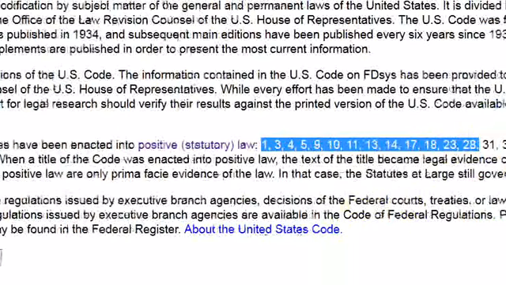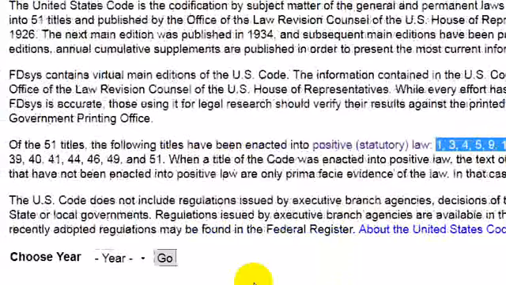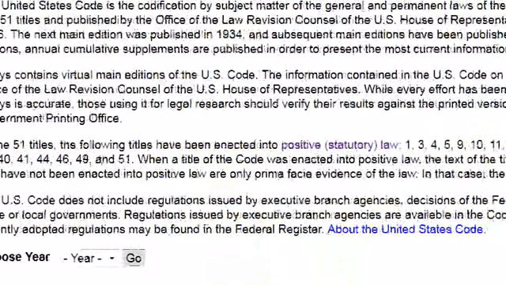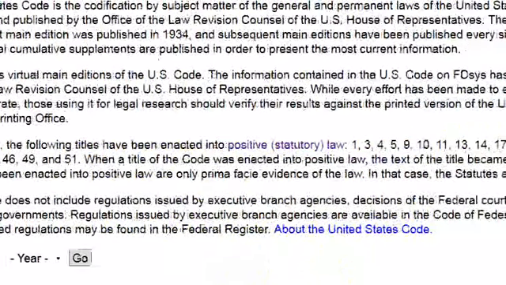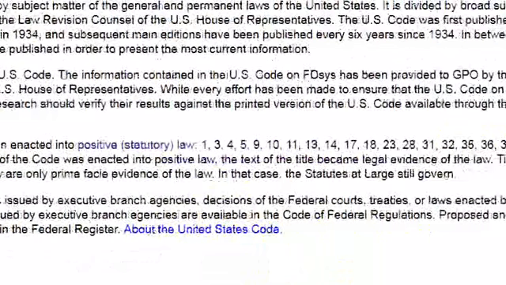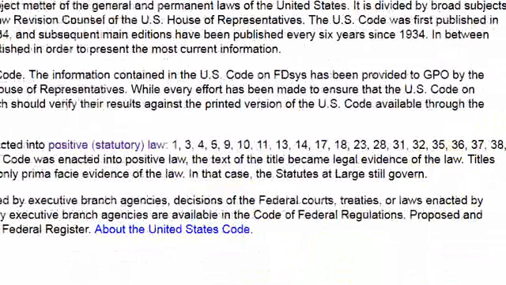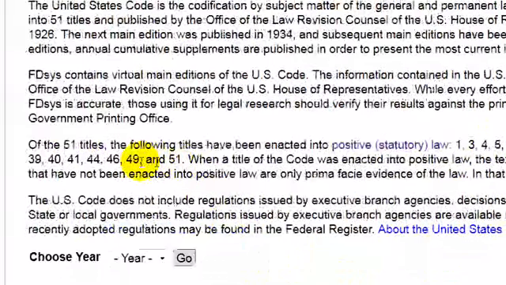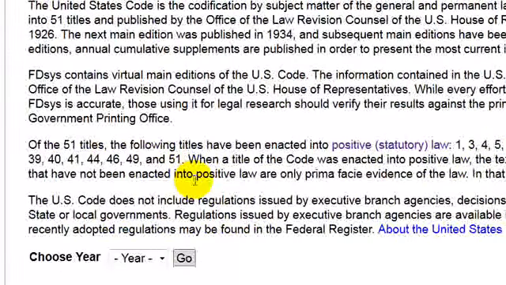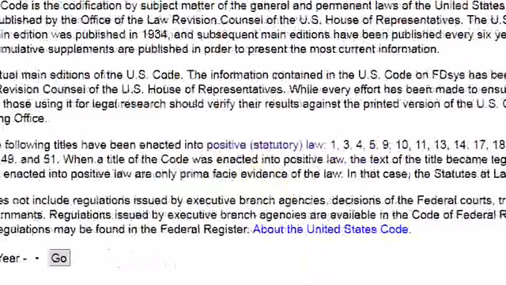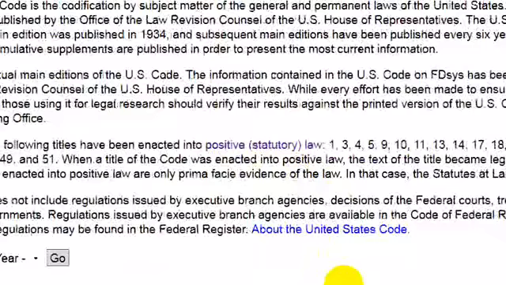So let's continue with this paragraph right here. When a title of the code was enacted into positive law, the text of the title became legal evidence of the law. Titles that have not been enacted into positive law are only prima facie evidence of the law.